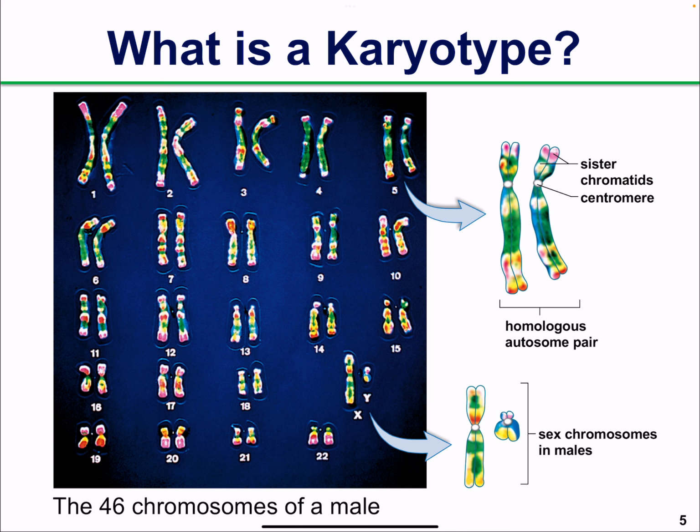So now, there are some techniques we can use to determine not only the amount of genetic information a particular individual has, but also the type of genetic information that an individual has. Now, I'm going to explain a little bit.